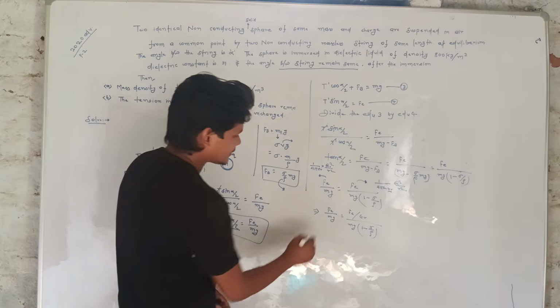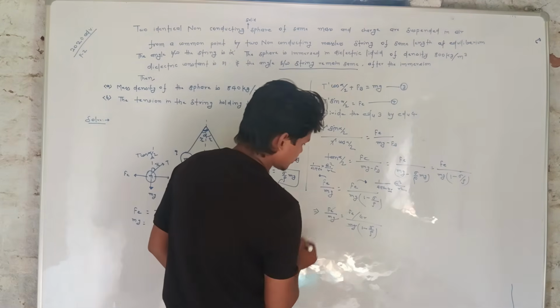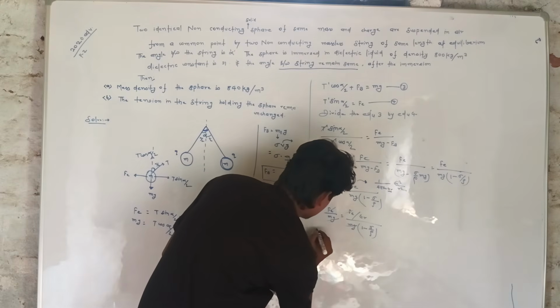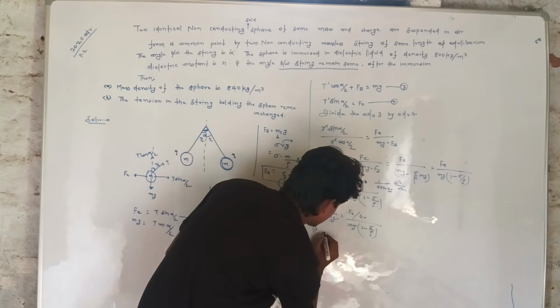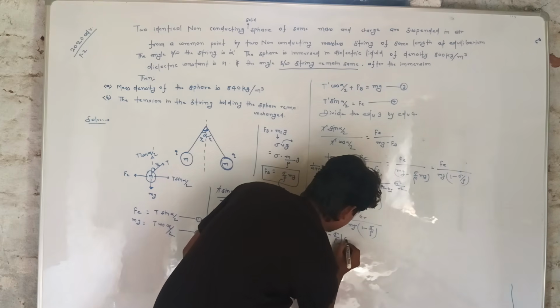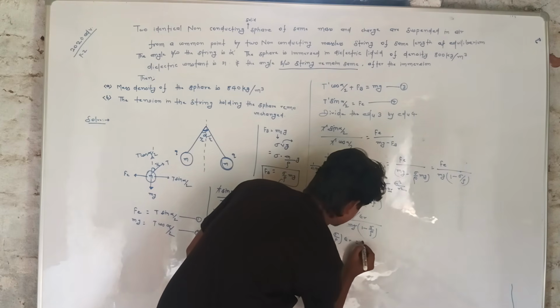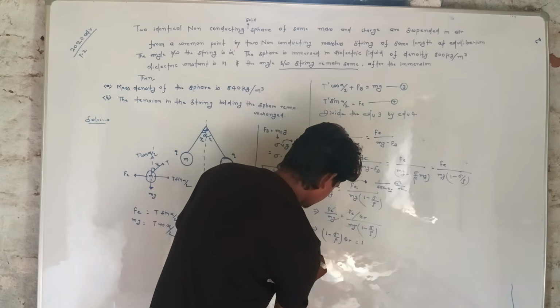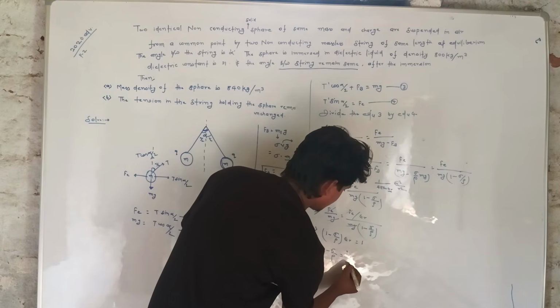So Fe cancels with Fe, and mg also cancels out. One minus sigma upon rho into epsilon r is equal to 1. So 1 minus sigma upon rho is equal to 1 upon epsilon r.